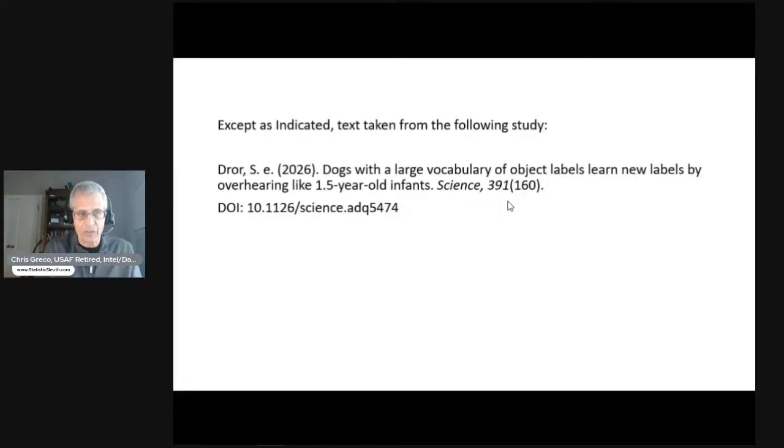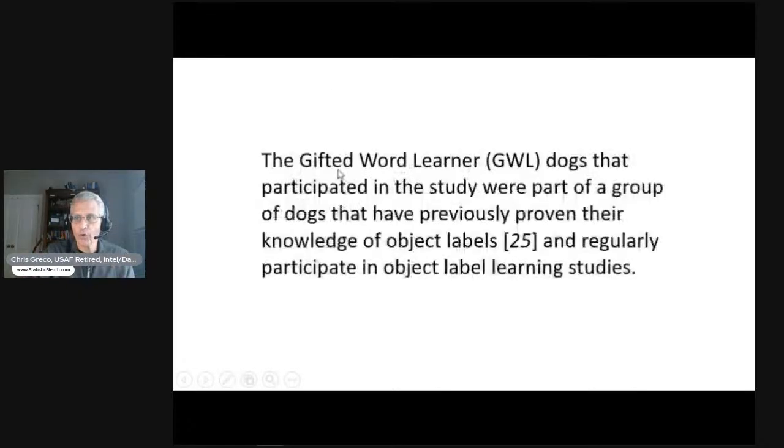A specific set of dogs. So we have to take a look at that and say, dogs with a large vocabulary of object labels. That is your population of dogs that you're going to sample from. So right there, we talk about the gifted word learner dogs. These are GWL dogs. They are specific dogs that have participated in studies and have proven their knowledge of object labels.